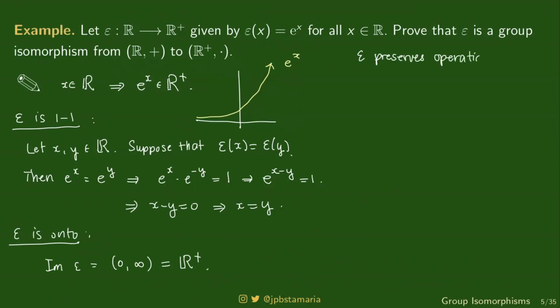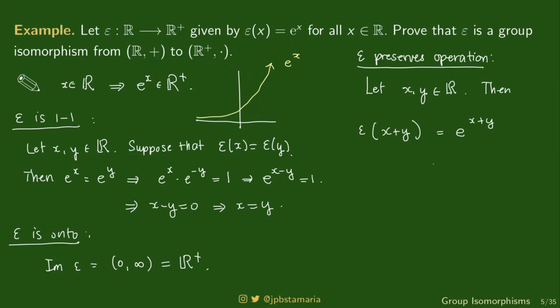Ang ibig sabihin ko nung phrase na ito, pag sinasabi ni sir na epsilon preserves operation, ang ibig sabihin, pag kumuha ka ng dalawang elements ng domain, in this case R, then anong operation ng R? Diba sum, kaya x plus y, i-apply mo yung epsilon, and if you apply epsilon, you get e raised to x plus y. That's the definition of epsilon.